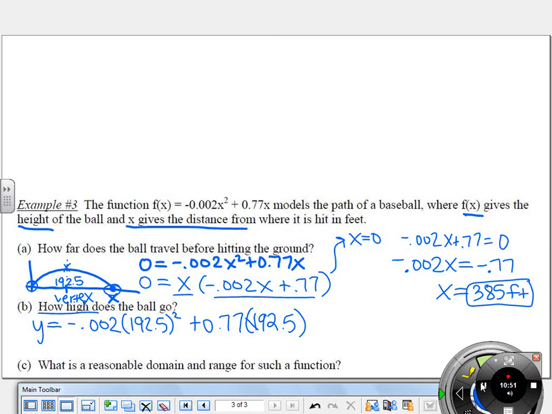Looking at this, 192.5 squared. We get that our y value in this situation would equal 74.1125, or that it reaches a height of approximately 74.1, and I'm assuming it's feet, though it didn't say the vertical height in this problem.